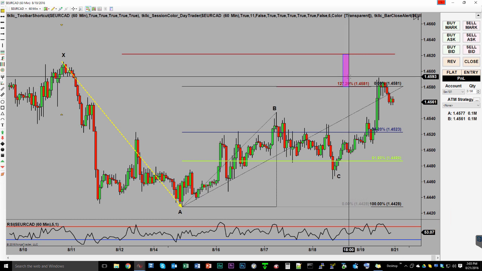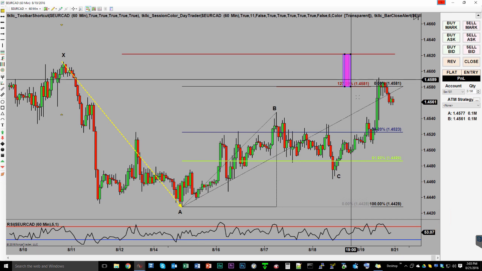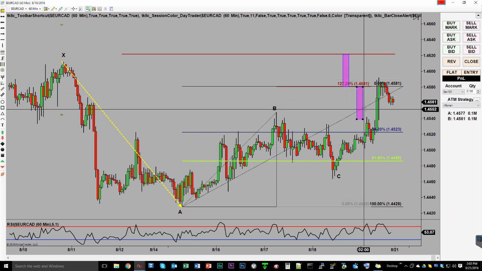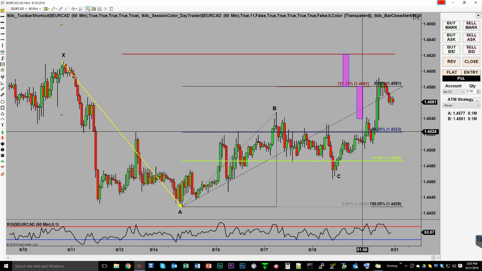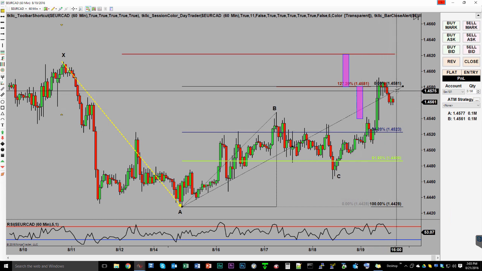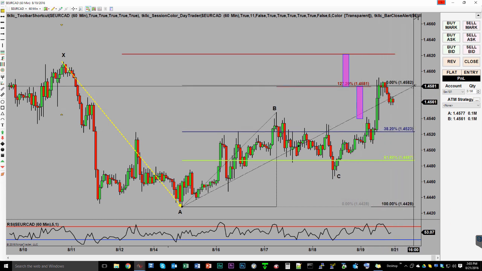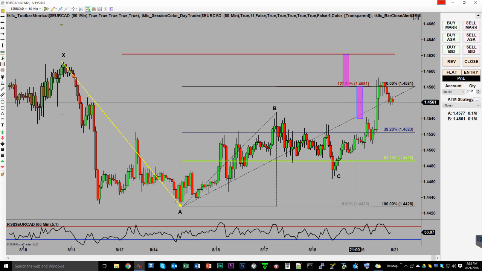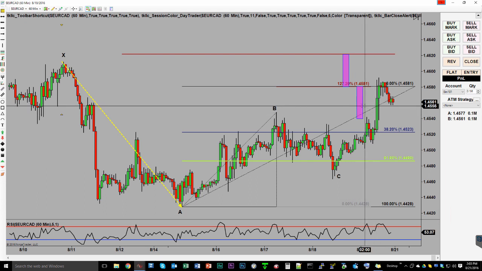And if we reversed on a dime right here at the 127, would I make my reward per my risk? Well, the answer is yes. That's the same measurement, but the 38.2, which is your first target, is way beyond that risk level. So in the case of risk reward here, if price reversed right at the 127.2 and you got filled, that would be your initial target per risk.